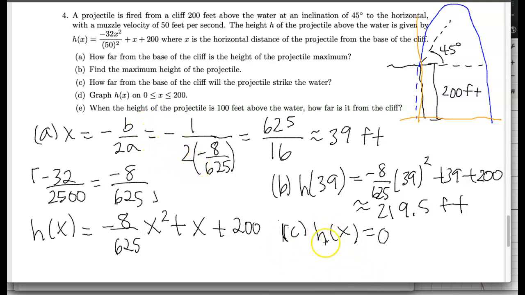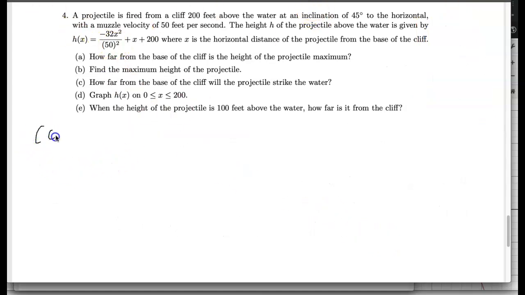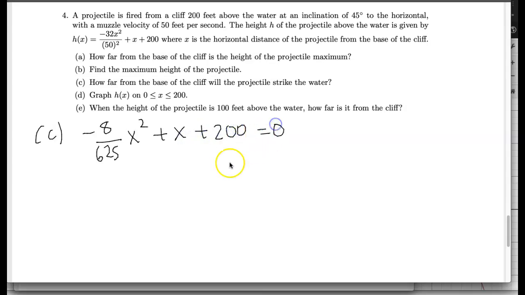We're going to plug in our function here and set it equal to 0. So for part C, we're going to have negative 8 over 625 x squared plus x plus 200 equal 0.